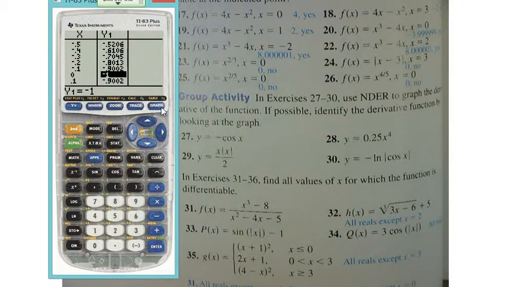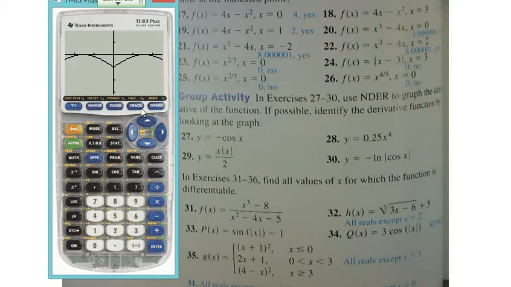What that translates to graphically is that as I trace through the function, as I approach 0 from this side, these are my corresponding y values. And as I come through from this side, it's the same y values but mirrored.